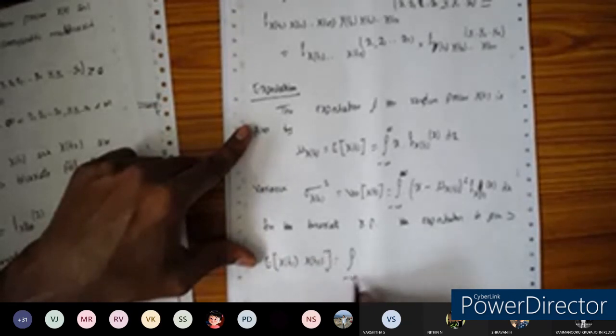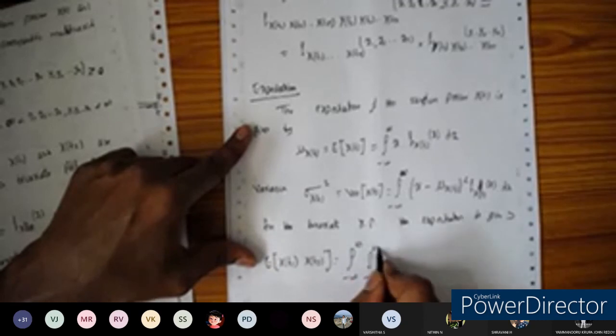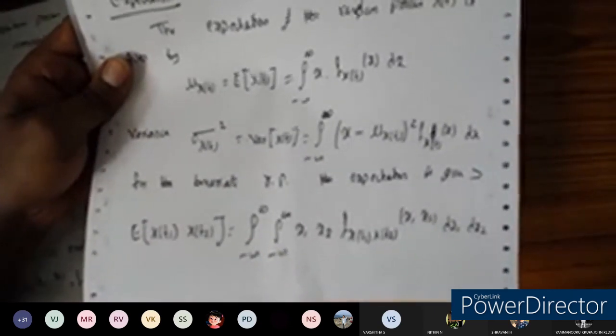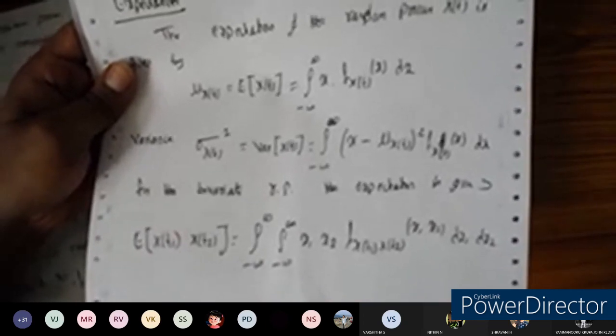This is nothing but the integral from minus infinity to plus infinity, you know, the expectation of multiple random variables, of x1 x2 into f of x of t1, x of t2 of x1 and x2 into dx1 into dx2. So this is for the bivariate random process, which is defined at the time instants t1 and t2. We have defined the expectation.